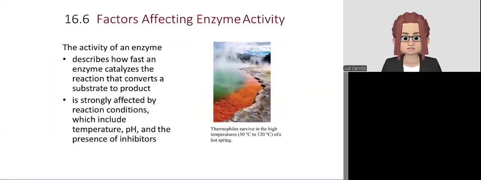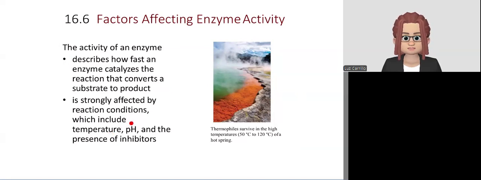There are different factors that affect enzyme activity. They include temperature, pH, and the presence of inhibitors. Let's understand that when it comes to temperature, enzymes are going to have an optimum temperature. For the enzymes in the body, it happens to be 37 degrees Celsius.